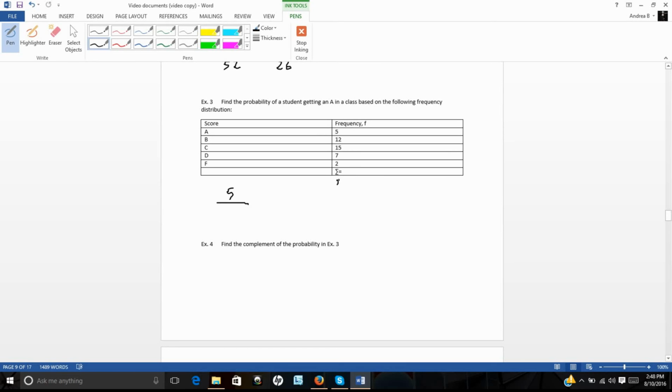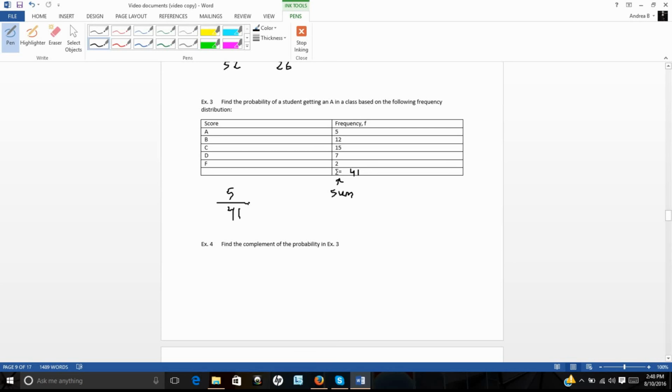Remember, that's what this symbol here means, that you're talking about your sum, or what you get whenever you add up that column for your frequencies. So if we do that here in this case, we get 41, which means we'd have 41 in the denominator here. In this case, this fraction does not simplify.